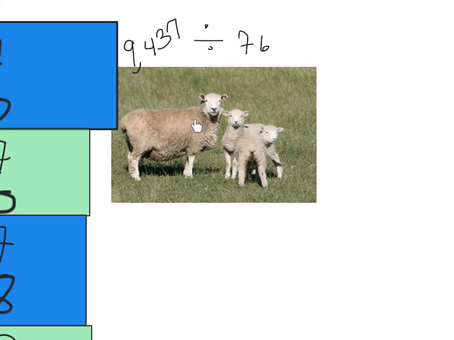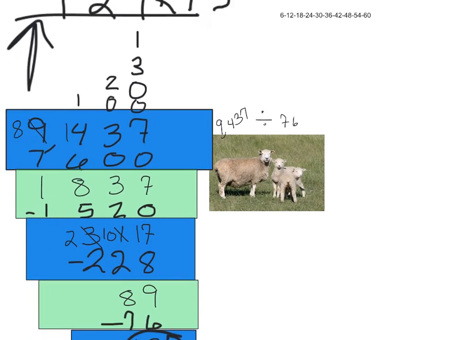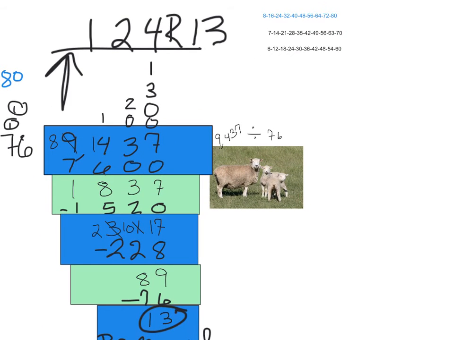And then each pass of the farmer's shears cuts off 76 strands of wool, right? So how many passes of his shears will he have to do before he has the mama sheep completely sheared or completely haircut, right? And our answer is 124 with a remainder of 13.